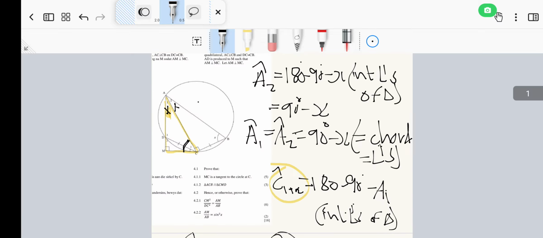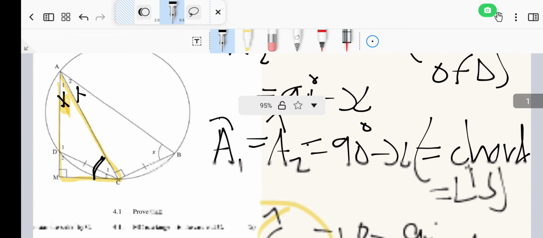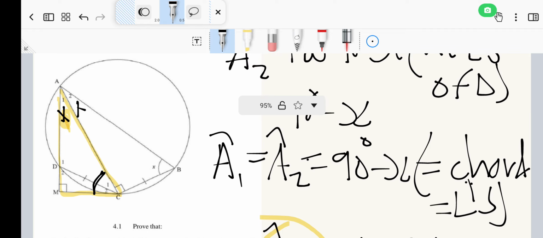Okay, so let me just talk through the question again. What did we actually do? In this first triangle, we said that A2 is 180 minus these other two angles. Then we said we know that A2 and A1 are the same thing. Why? If these two chords are the same length, they have to subtend equal angles.